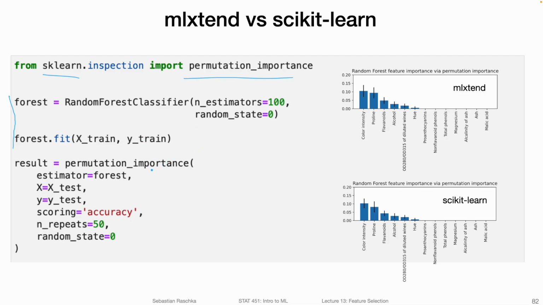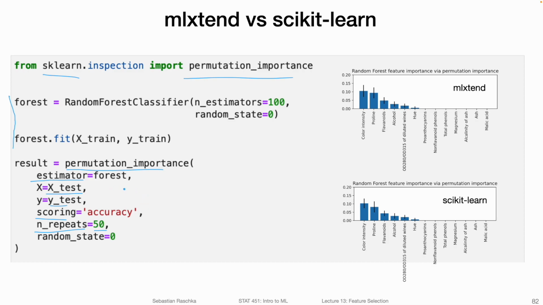And then once we have fit the classifier, we can provide it as estimator to the permutation importance function, provide our data set, scoring function, for example, accuracy, and set the number of repeats, so the number of rounds. And this here will behave exactly like the MLExtend function.